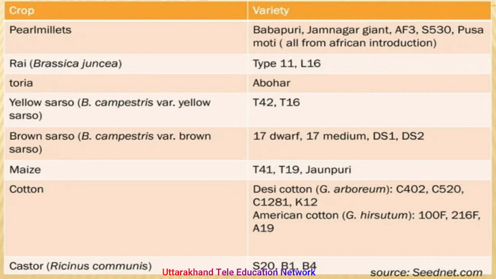Maize: T41, T19, Jaunpuri. Cotton, Deshi cotton: C402, C520, C1281, K12. American cotton: 100F, 216F, A19. Castor: S20, B1, B4.